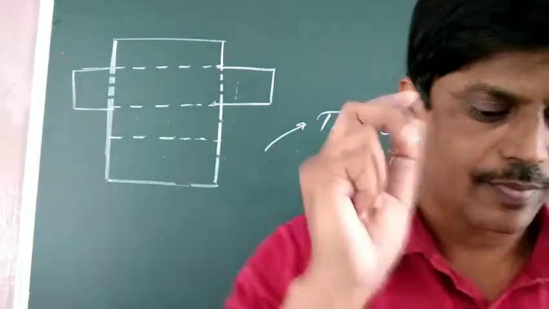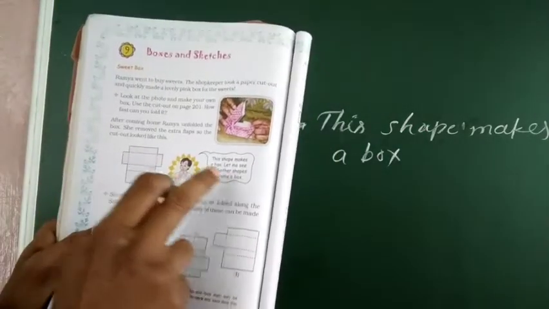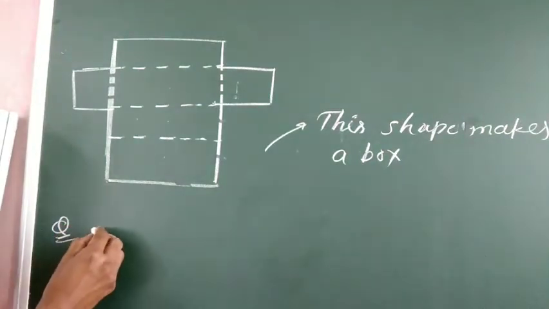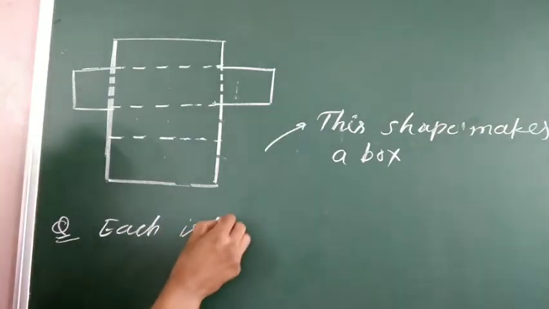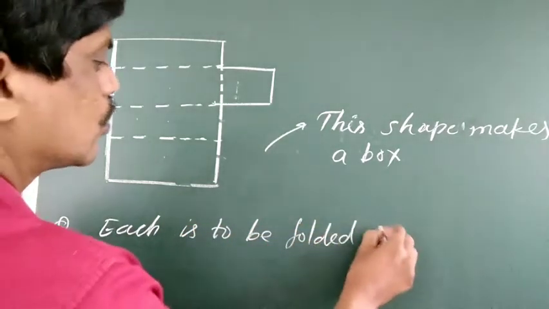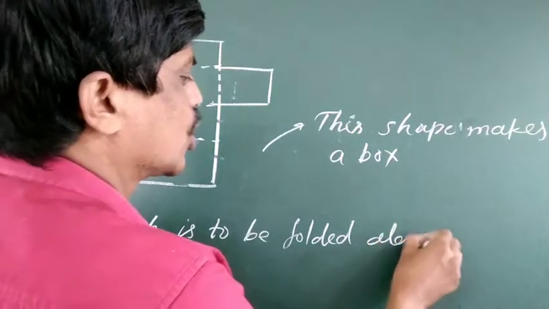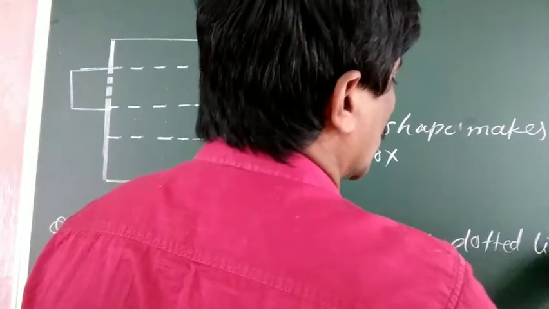Okay. Now one more question is given on page number 126. See the question: each is to be folded along dotted lines.